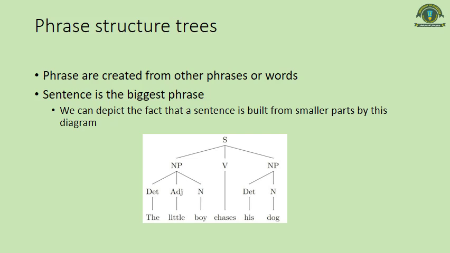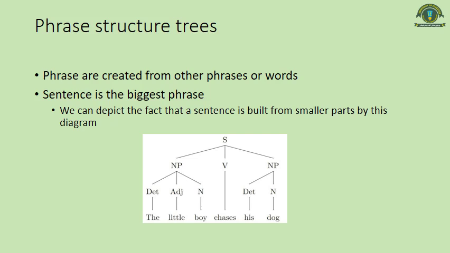There is a noun phrase which has its own phrase structure rules. There is a verb phrase which has its own phrase structure rules. There is a prepositional phrase which has its own tree structure or phrase structure rules. But the biggest is the sentence phrase, and the sentence phrase has its own principles or rules. So we can depict the fact that a sentence is built from smaller parts by this diagram.